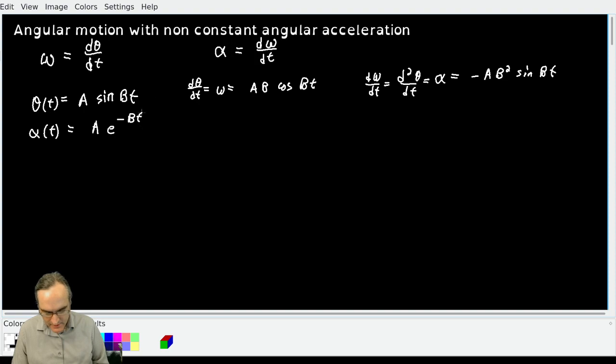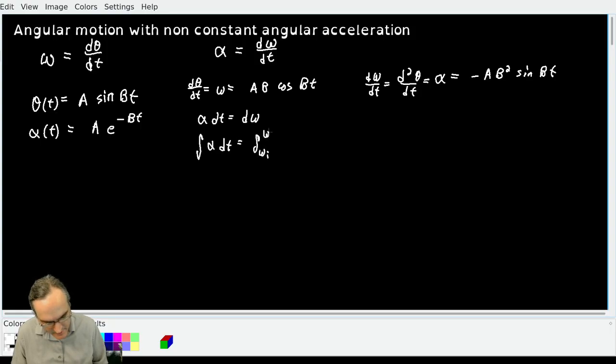Vice versa, if we wanted to start with an alpha and get an omega, we're going to have to take alpha dt equals d omega and integrate that. So we'll have the integral of alpha dt equal to the integral from omega initial to omega final of d omega.